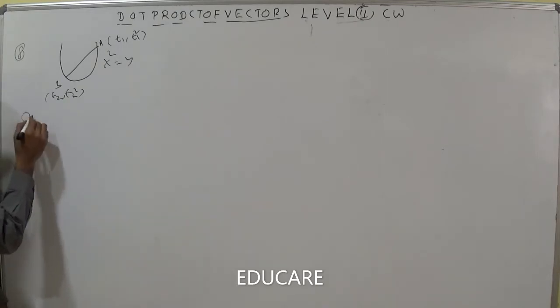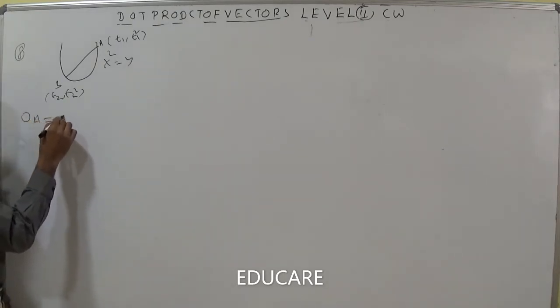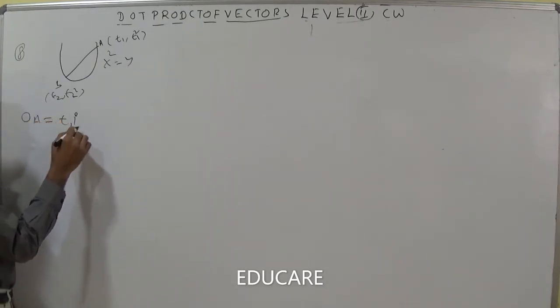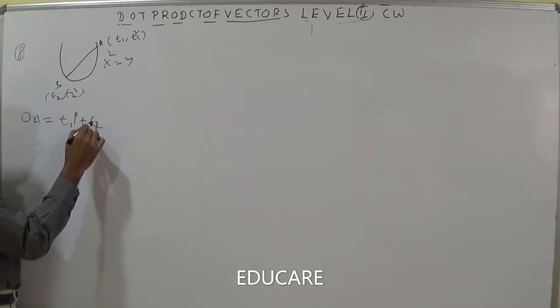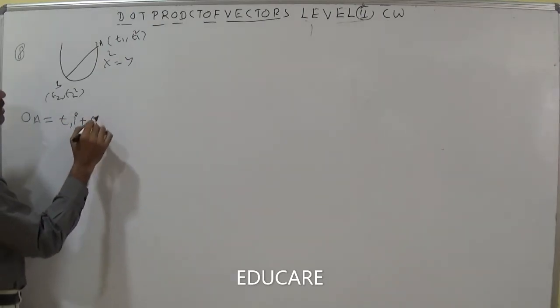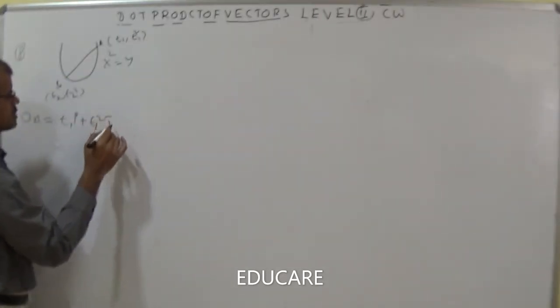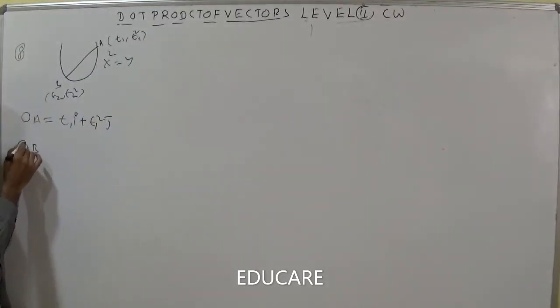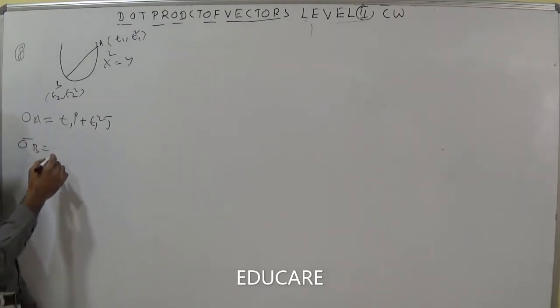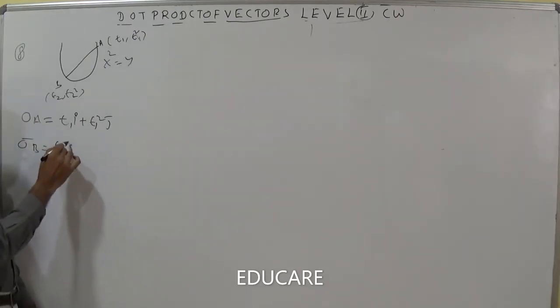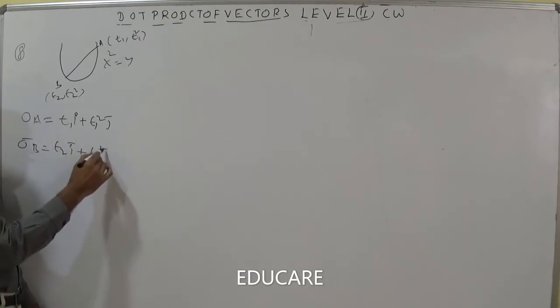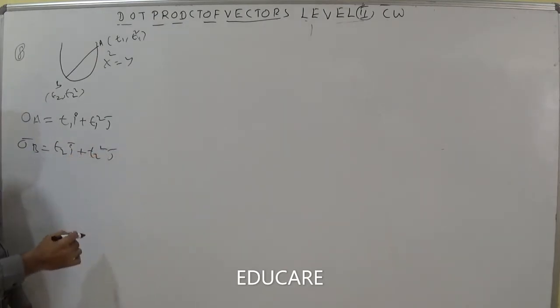So OA is equal to T1 I bar plus T1 square J bar. That is the position vector of OA. Now OB can be written as T2 I bar plus T2 square J bar.